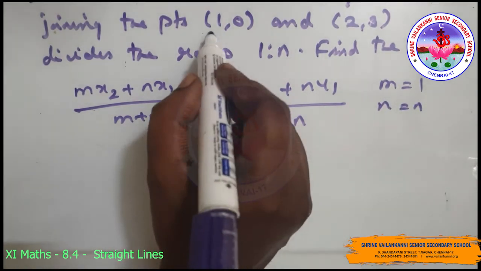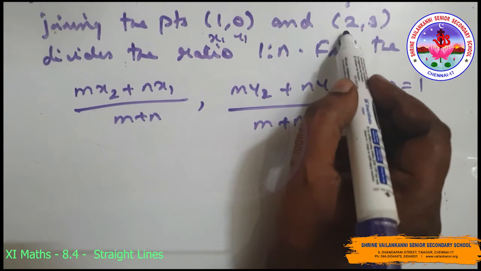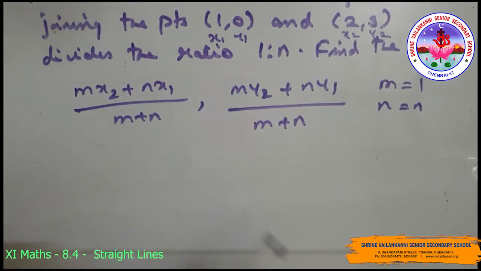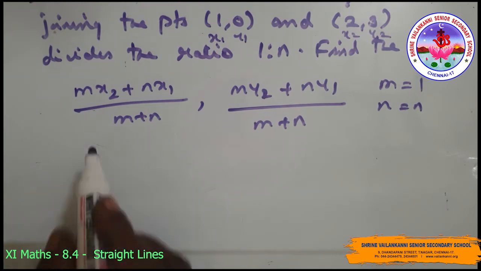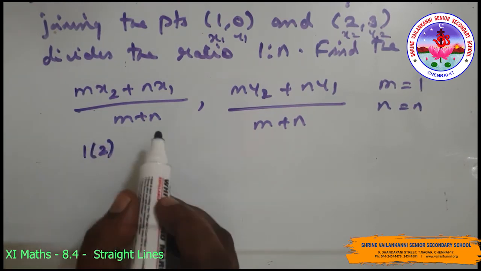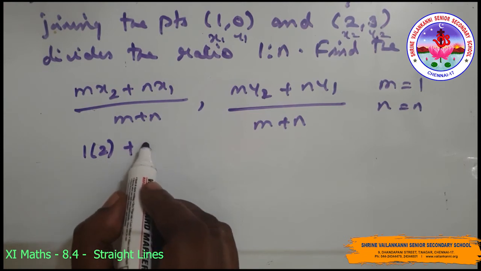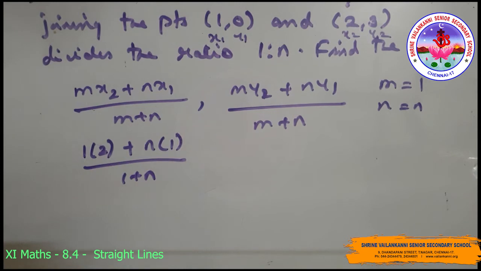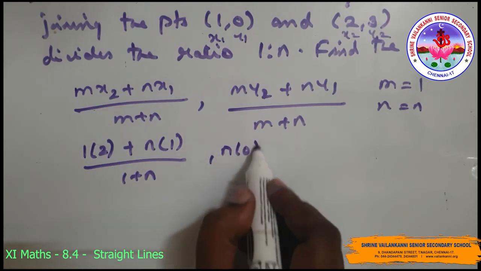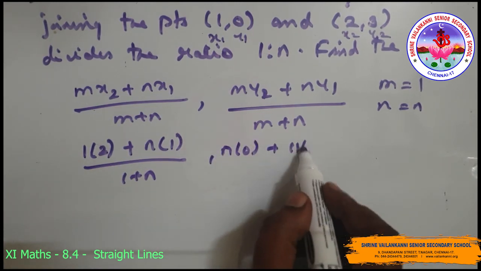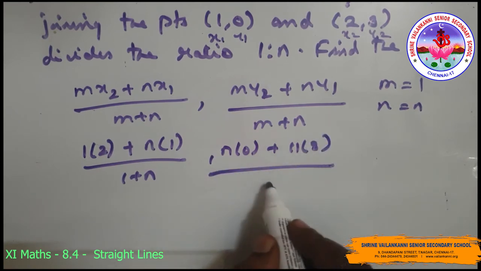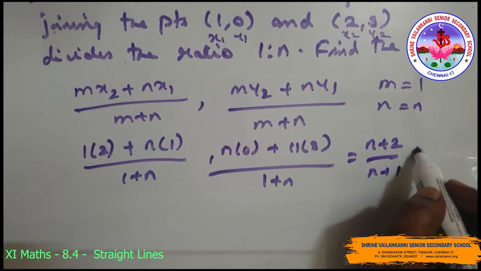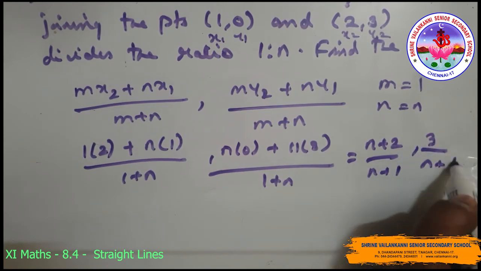The point (1, 0) is (x1, y1) and the point (2, 3) is (x2, y2). Substituting, (1 into 2 plus n into 1) by (1 plus n), (1 into 3 plus n into 0) by (1 plus n), which is equal to (n plus 2) by (n plus 1) and 3 by (n plus 1).